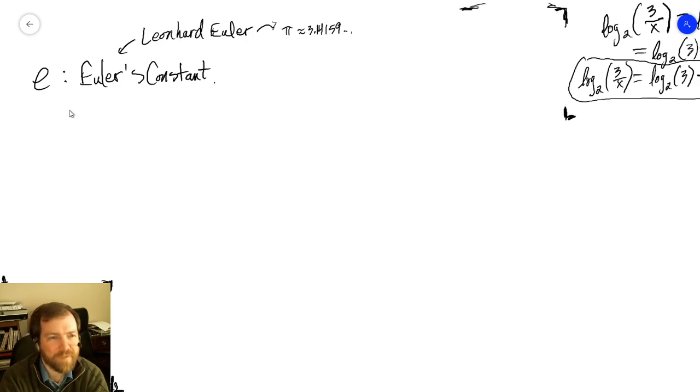But what he was doing at the time was he worked for, I think it was Johann Bernoulli, one of the Bernoulli brothers at any rate, either Johann or Jakob. And as a graduate student, he figured out that there was a particular value he was looking for in the compound interest formula.